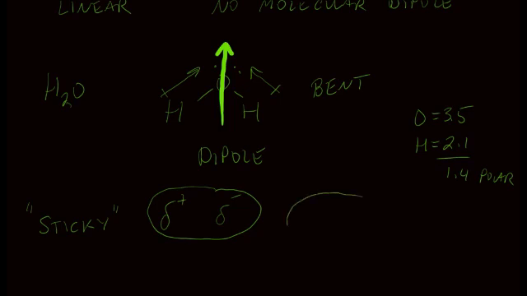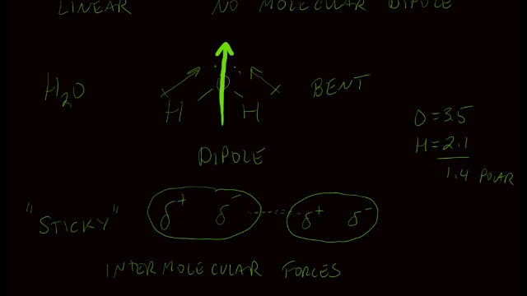Well, think about it. If you have another molecule of the same type, you're going to have an electrostatic interaction between the partial positive and partial negative here. They're going to be sticky to one another. There's going to be intermolecular forces here. And that's one of the topics at the end of this chapter, intermolecular forces. Forces between molecules.